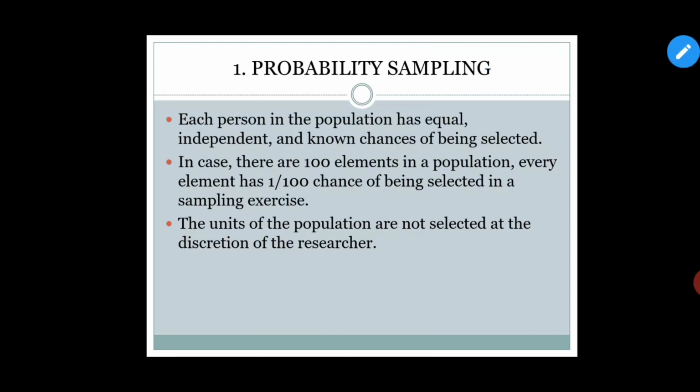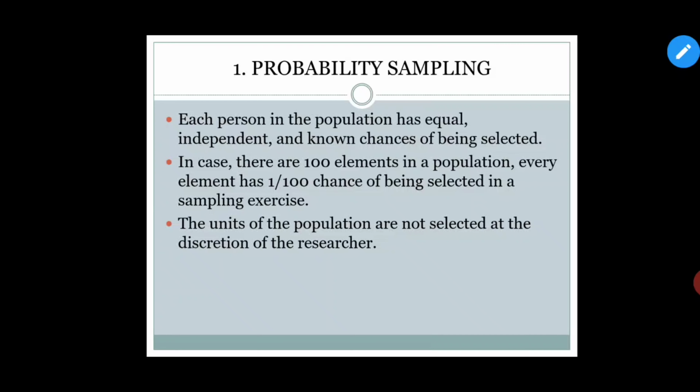Okay, so what is probability sampling? Each person in the population has an equal, independent, and known chance of being selected. Okay? In case there are 100 elements in a population, every element has a 1 by 100 chance of being selected in a sampling exercise.